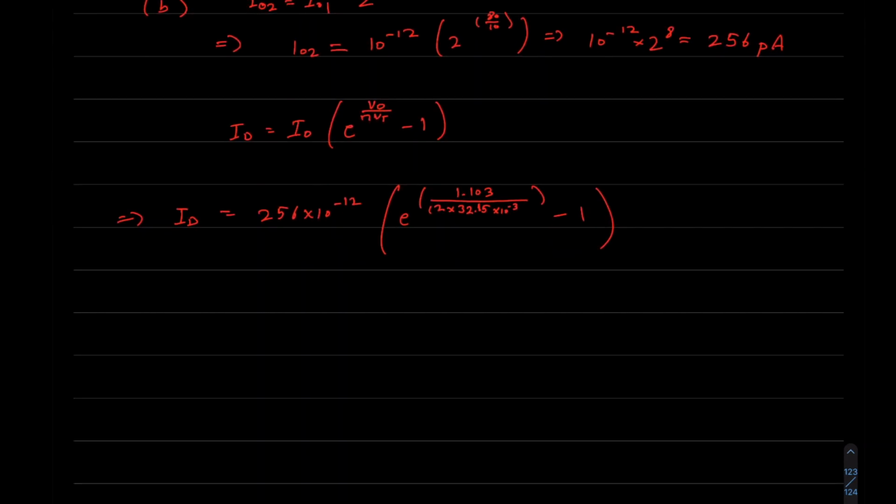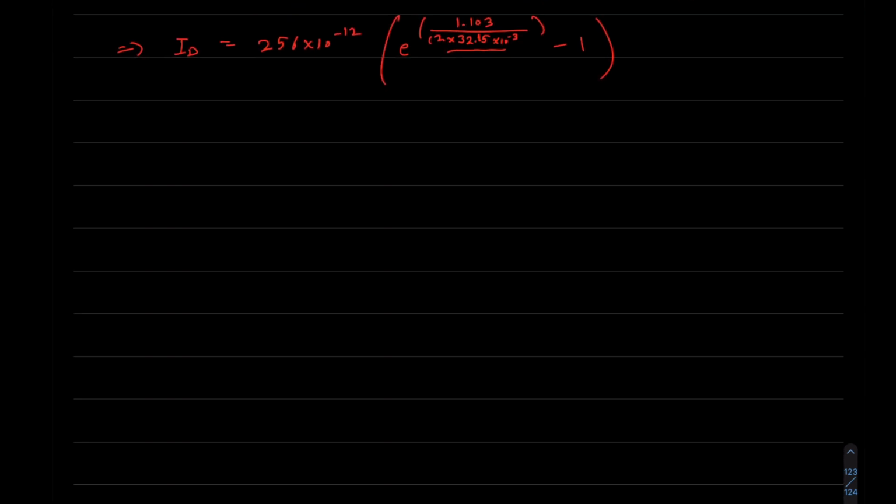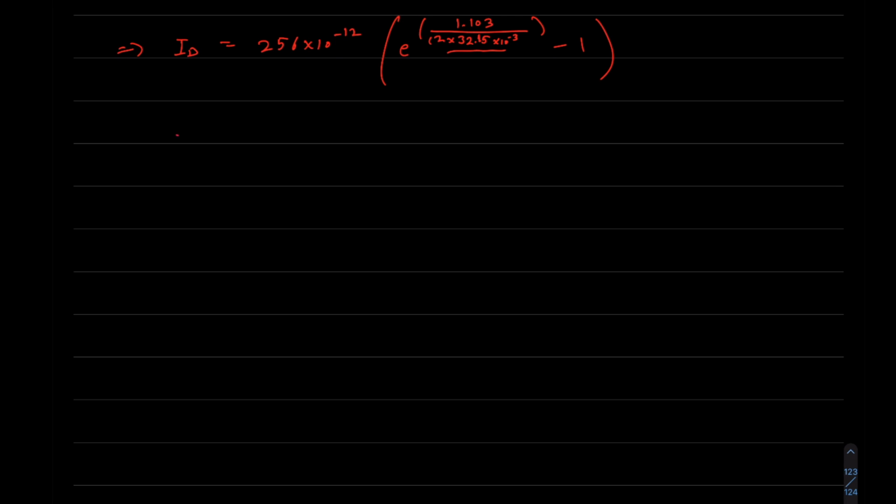So for this we had to calculate Vt as well, which, since the temperature changed to 100, is 393 Kelvin over 11600, equal to 32.15 millivolt, which I have put in here. See, Vt also changes. You have to remember these things. So this will come out to be 7.21 milliampere, and this is our answer, basically, right?